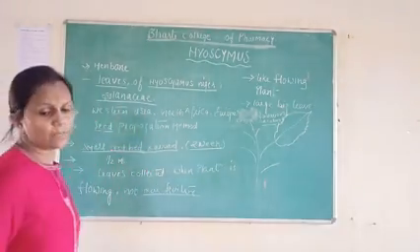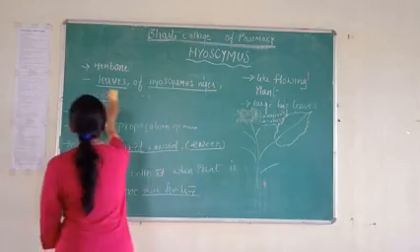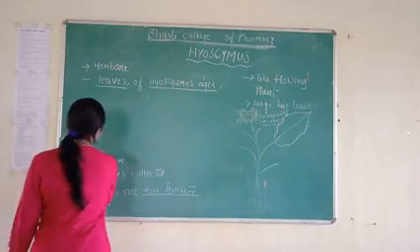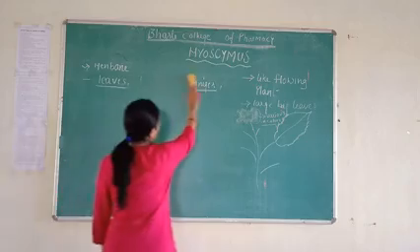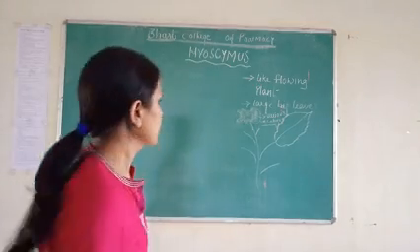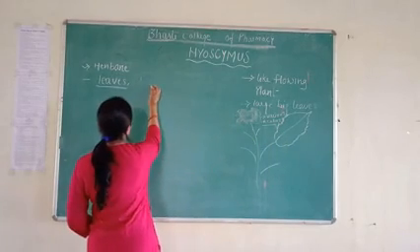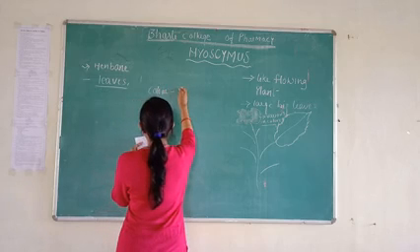Next we go through the morphology of the leaf. Morphology means we collect the Hyoscyamus leaf, so we discuss here about the leaf. We see the leaf should be brown in color.